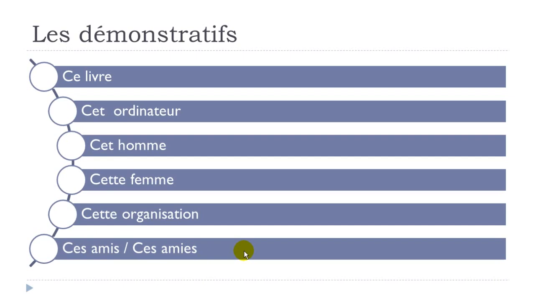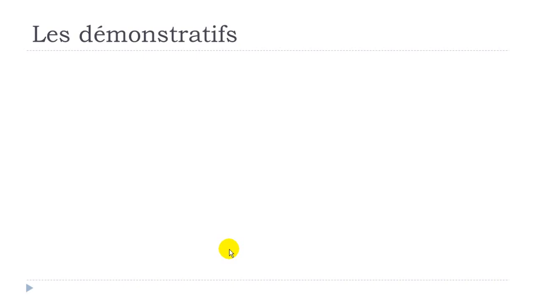All right, and it's quite funny in a way, because if you only listen to these two things here, ces amis and then ces amis, you don't have any phonetic information regarding whether it's masculine or feminine. That's the way it is. Sorry about that. But let's continue now with les démonstratifs.